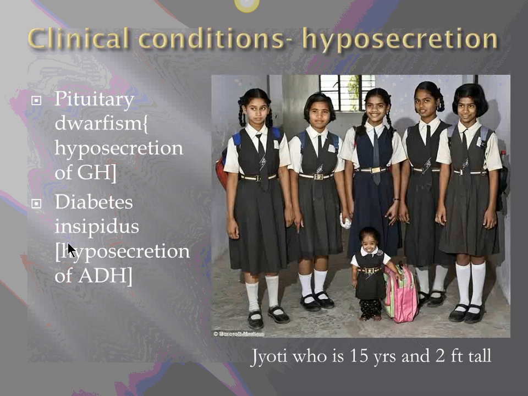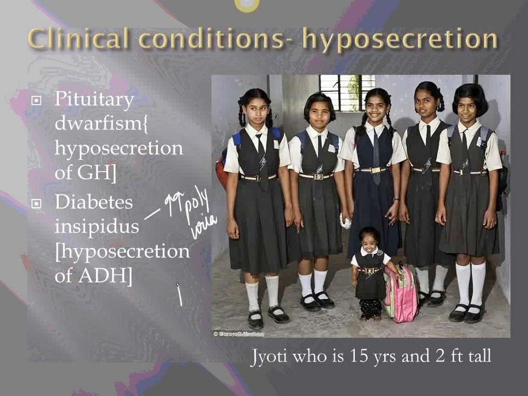When you talk about diabetes, you're usually referring to diabetes mellitus, where the urine is sweet because the sugar is passed out in the urine. So the urine contains sugar. So in these people, because there's hyposecretion of ADH, what happens is they keep passing a lot of urine. So the urine amount is lots. So increased urine is known as polyuria. Whenever there's increase in urine formation, that's called polyuria.